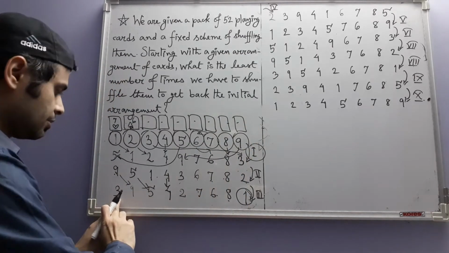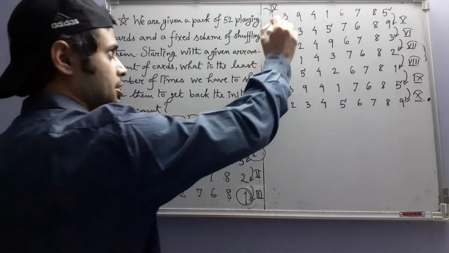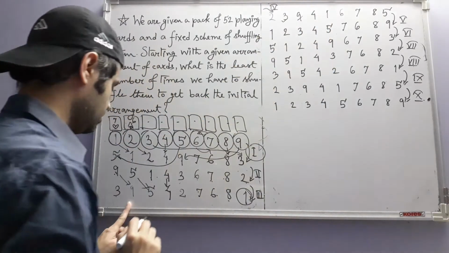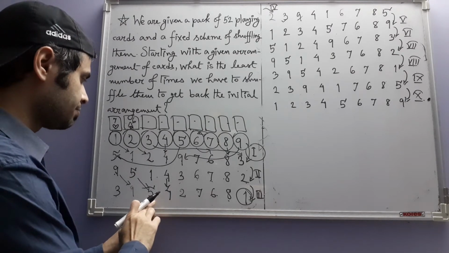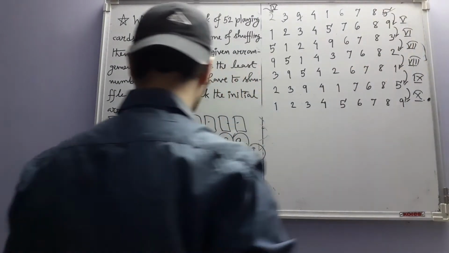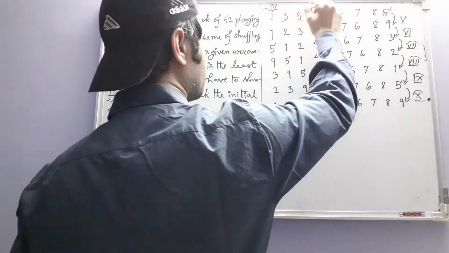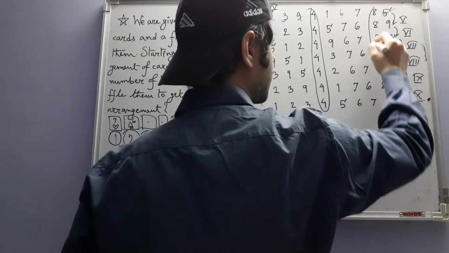After that, 3 and 9 will come to the second and third place. Then after that, 5 will come to the last place here. Then 4 does not change. 4 and 8 do not change places.